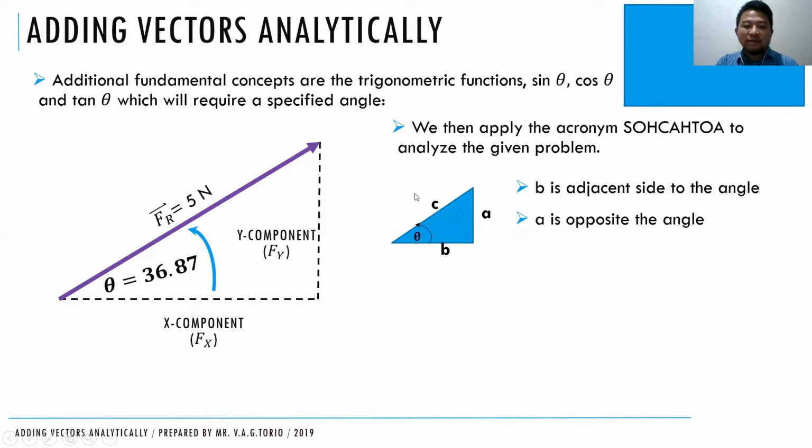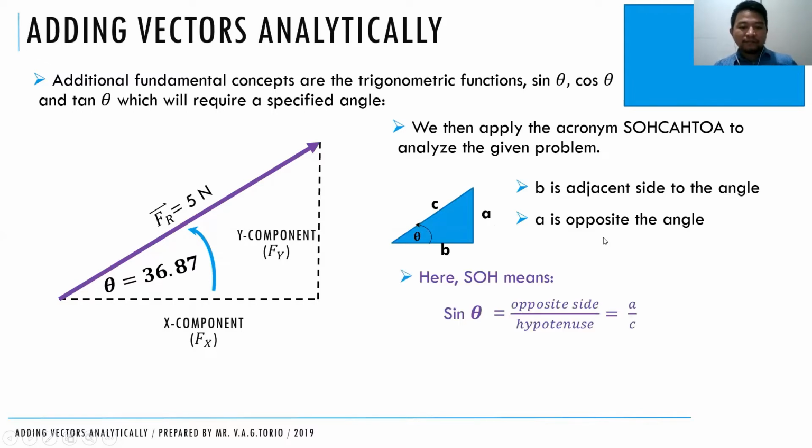Again, it's not C because C is labeled as the hypotenuse, although C is also adjacent to the angle theta. A is opposite that of the angle theta. As you can see, that's opposite. So A is labeled as the opposite side to the angle.